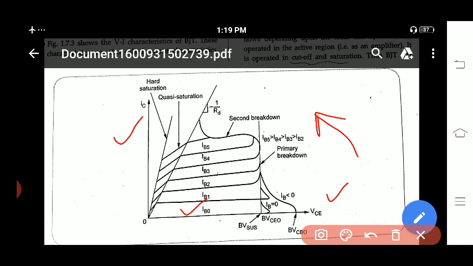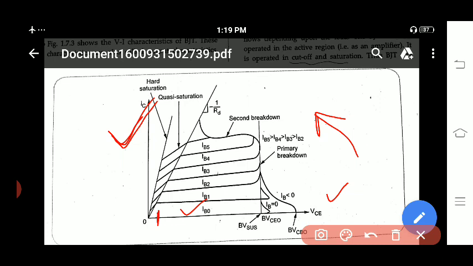In the active region, it is like an amplifier. If you increase IB still more, then VCE drop takes place. Here you can observe that VCE drops and you will get IC maximum, and it shifts from cutoff region to saturation region.